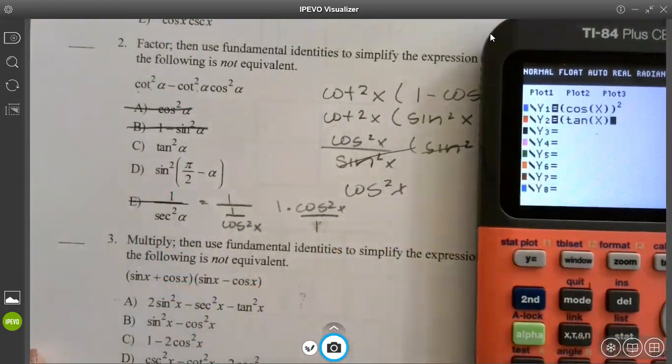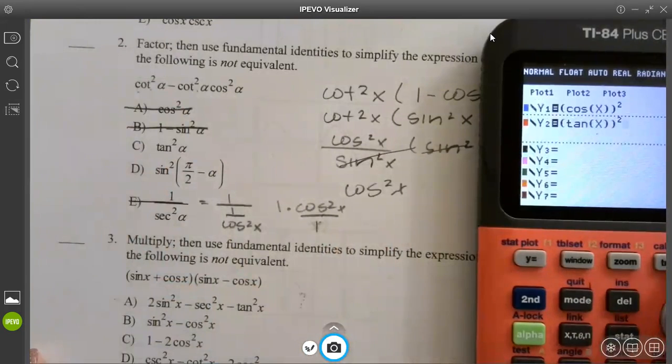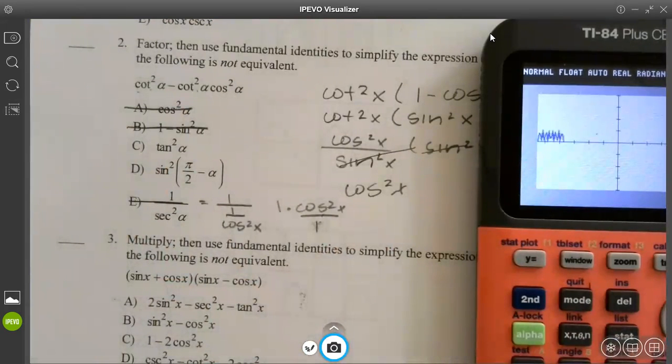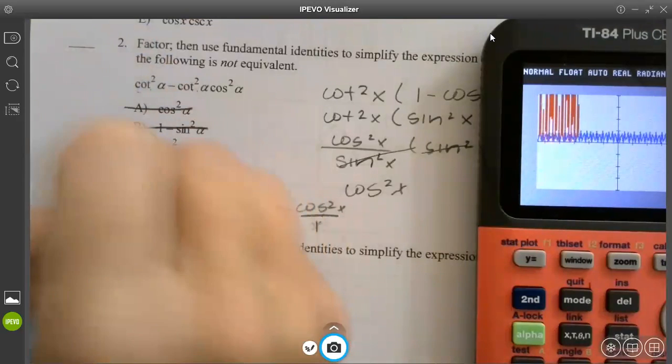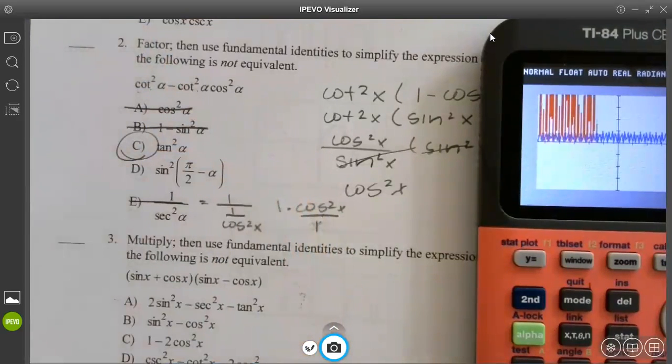Tan x squared. It is still in radian. What happened? It's not the same. So that's the one we want to choose. Once it finishes, I'll show you the other one.